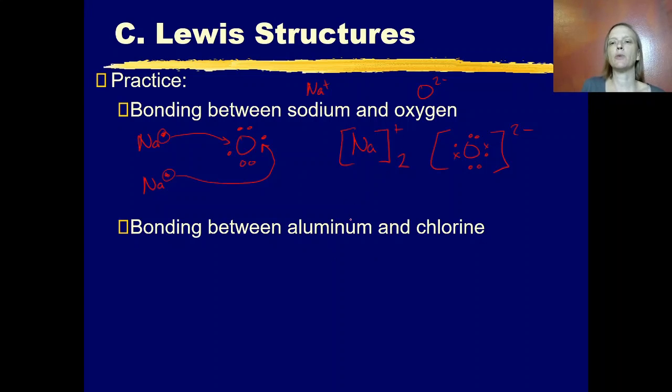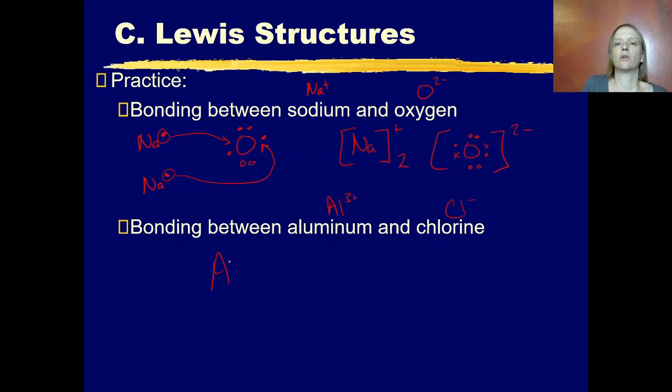And similarly, between aluminum and chlorine, aluminum forms ions with a charge of +3. Chlorine forms ions with a charge of -1. Aluminum is going to want to lose 3 electrons, and so I'm going to need 3 chlorines around, because each chlorine will only accept 1 electron.